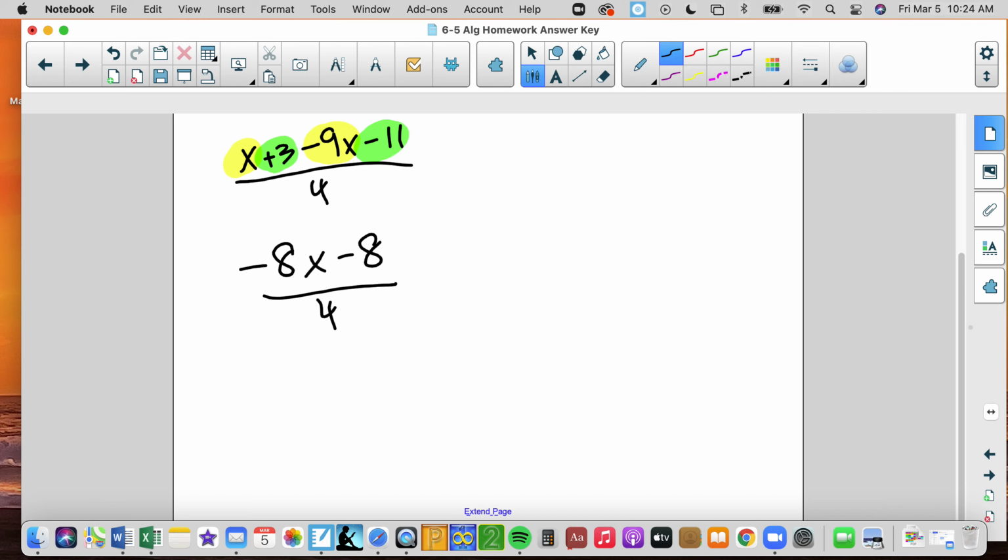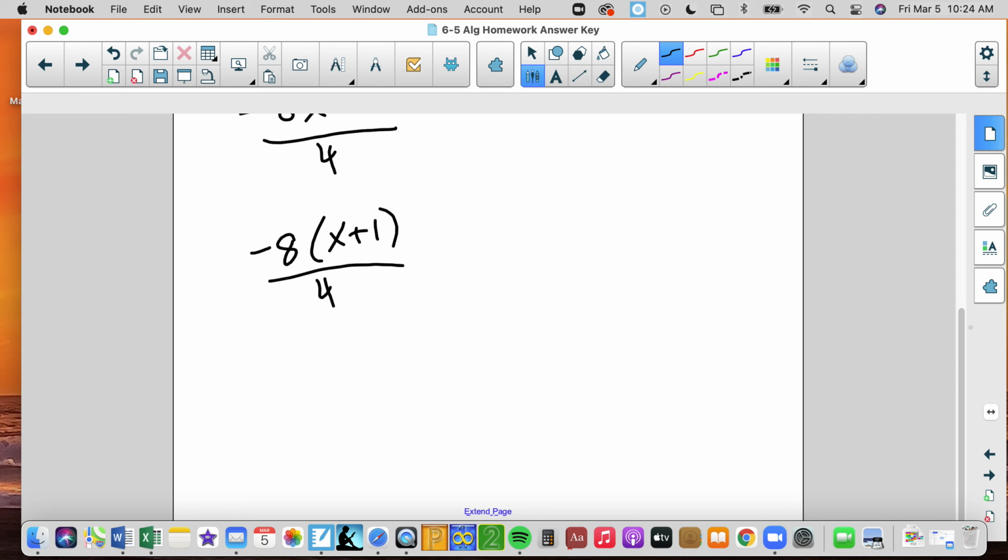So we can factor that numerator. We always want to look, can we factor in the numerator or denominator? Much like in 6(1), where we are simplifying fractions, we're going to factor out a negative 8. We get x plus 1 over 4. We're going to cancel the coefficients. 4 goes into both of those, negative 2 times, and 4 goes into 4 once.